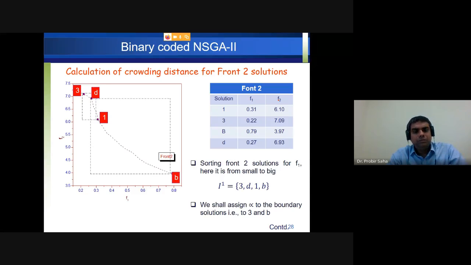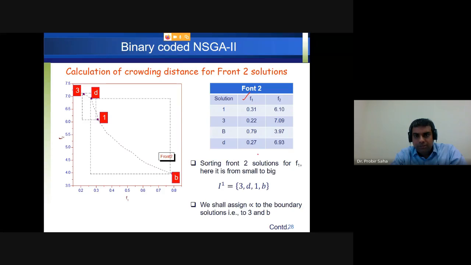Now, what is important here? First, I have to sort them, because it's a minimization problem. I have to sort them in ascending order, small to big, with respect to the fitness for the first objective, the first fitness function. So if I do that, just check this value. Which one is the smallest one?